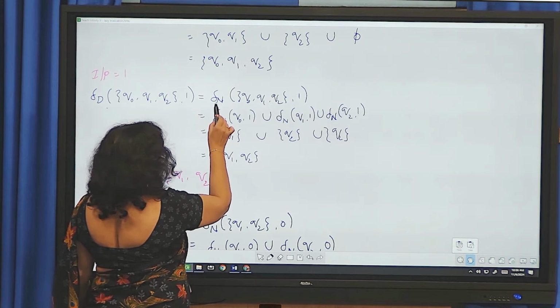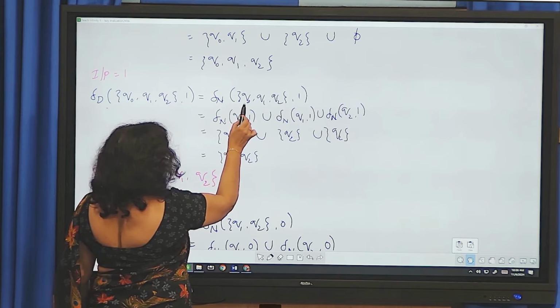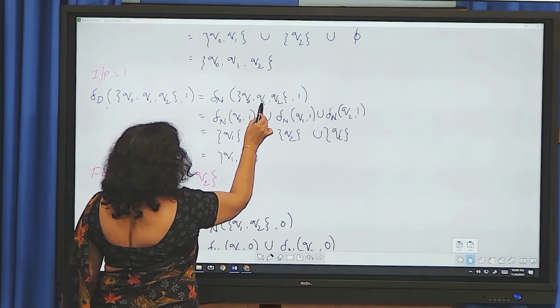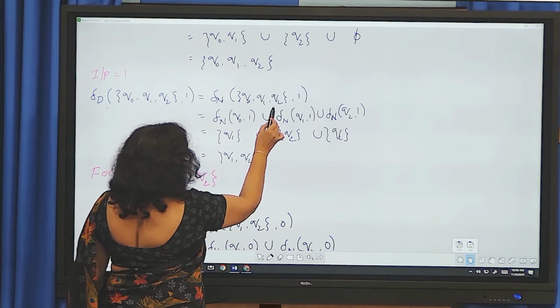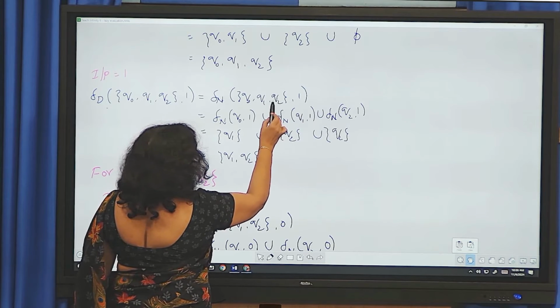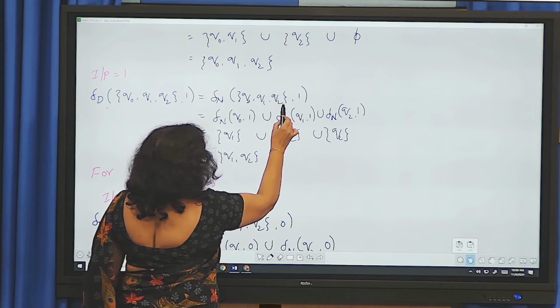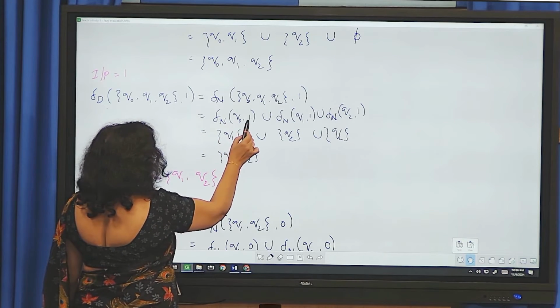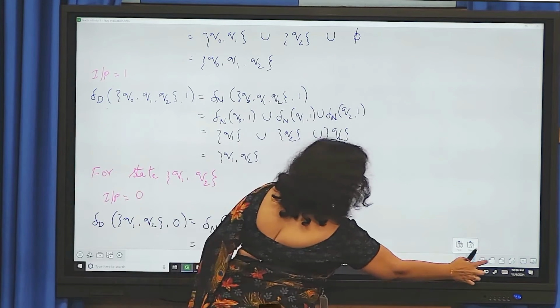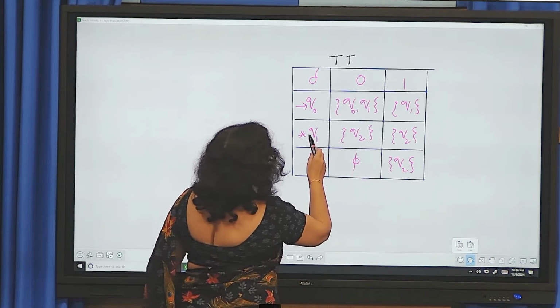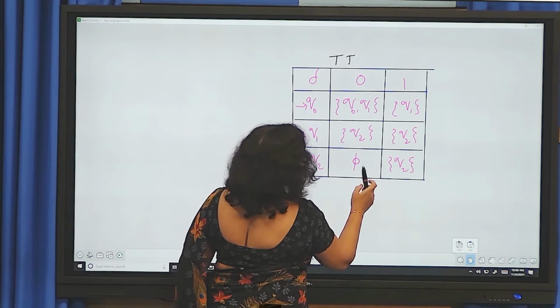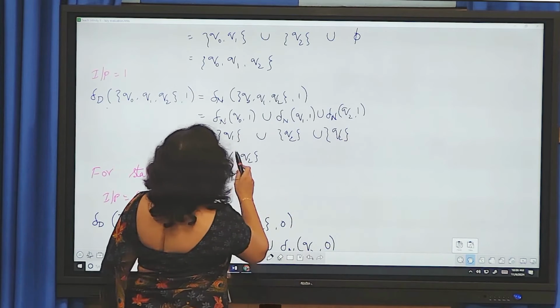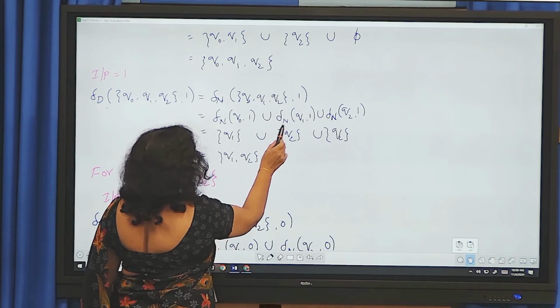This is equal to delta N of Q0 on 1 union delta N of Q1 on 1 union delta N of Q2 on 1. So, Q0 on 1, look at the transition table. Q0 on 1 is Q1.